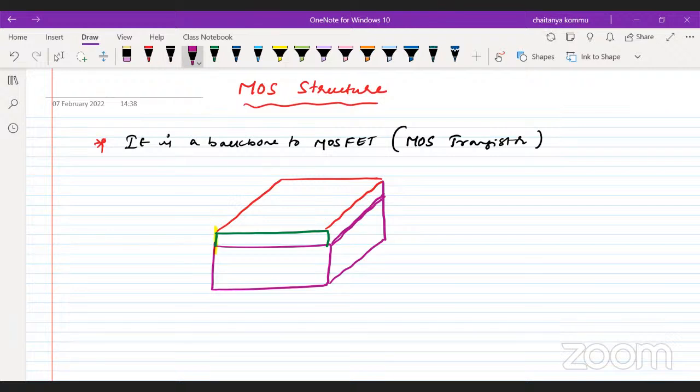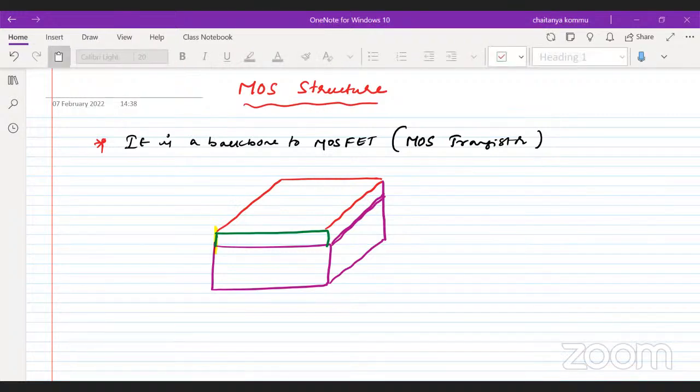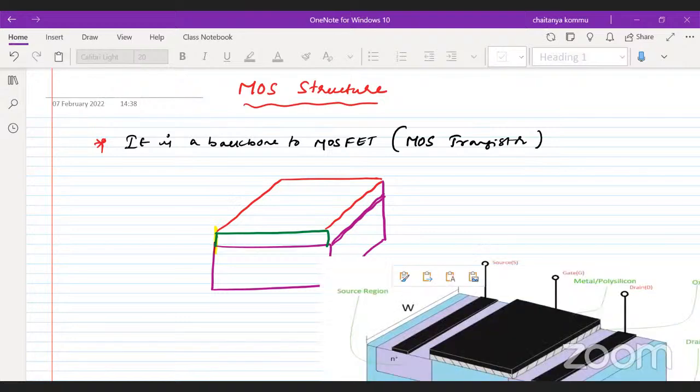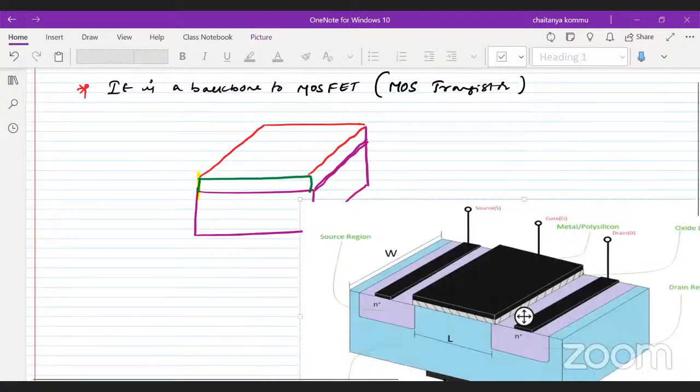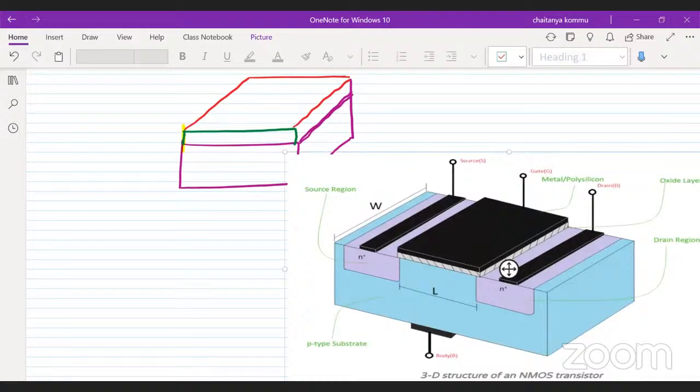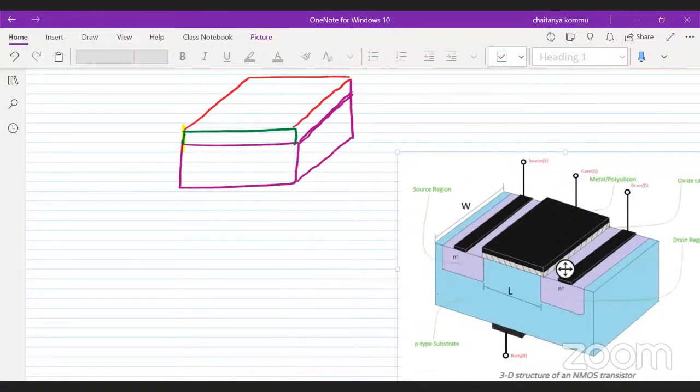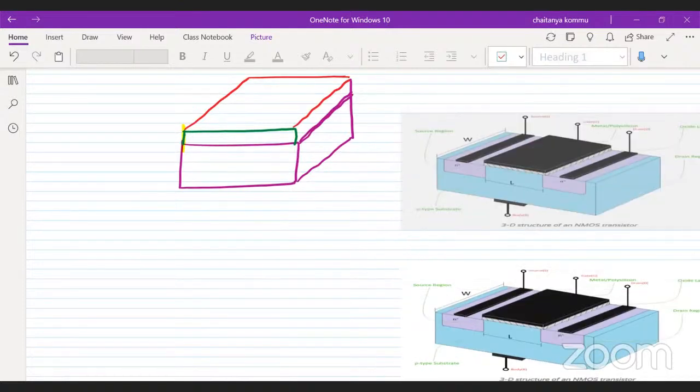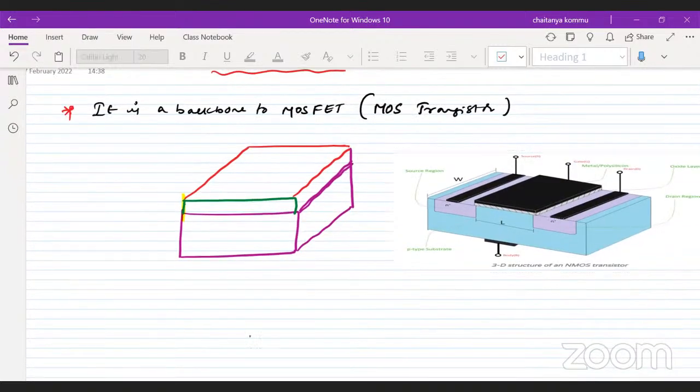I do one thing. Copy and paste it here. So let us imagine that this is your diagram. I'm talking about only the middle part.